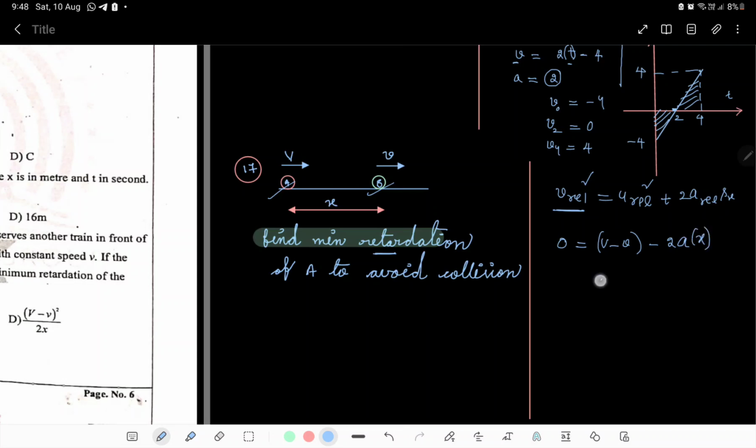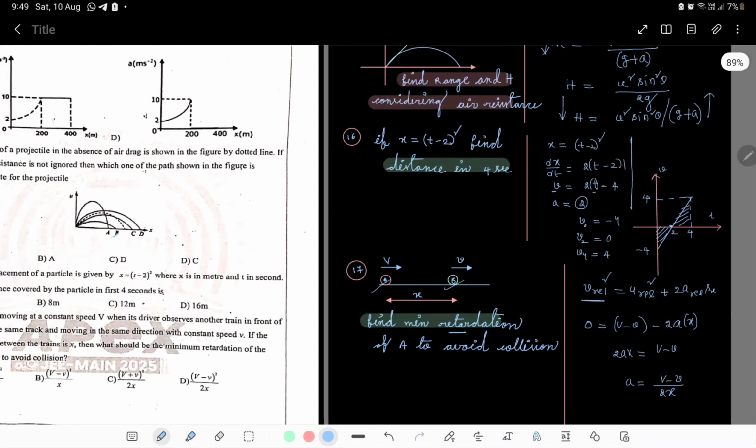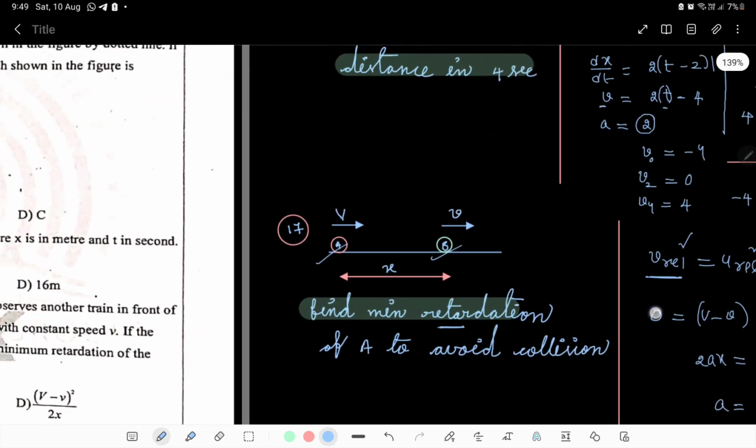Therefore we have 2ax equal to v minus v. Sorry, we need to find the retardation, right? Therefore a equal to (v minus v) by 2x. So that's the answer for question number 17, right?